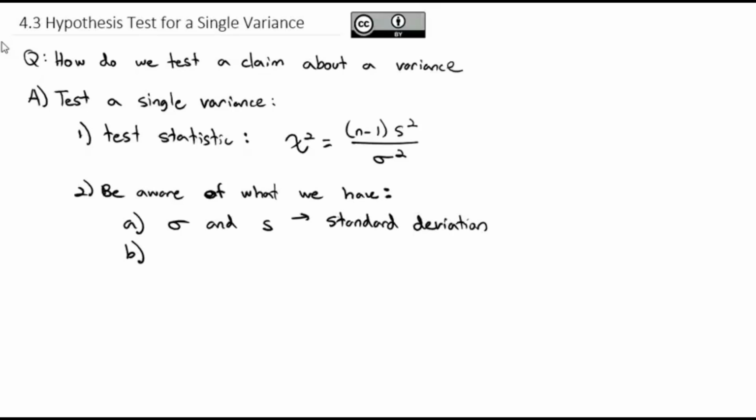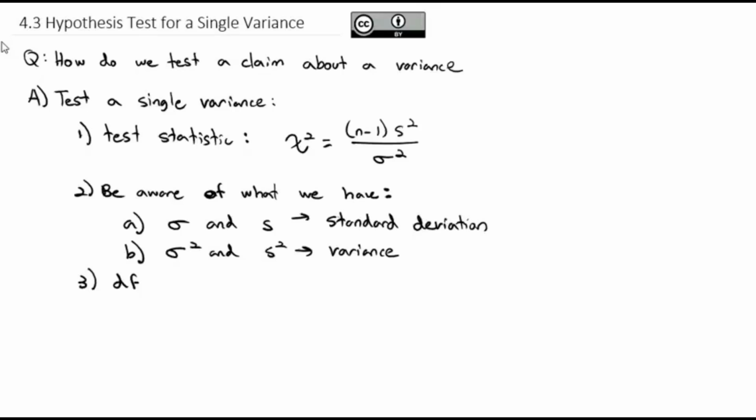But when those pieces are squared, sigma squared and s squared, those represent what we call the variance. If it hasn't been squared, we would have sigma and s, the standard deviations, which need to be squared in order to find the test statistic. So we need to be very careful. Do we have s or s squared? Do we have sigma or sigma squared, and not get those backwards?